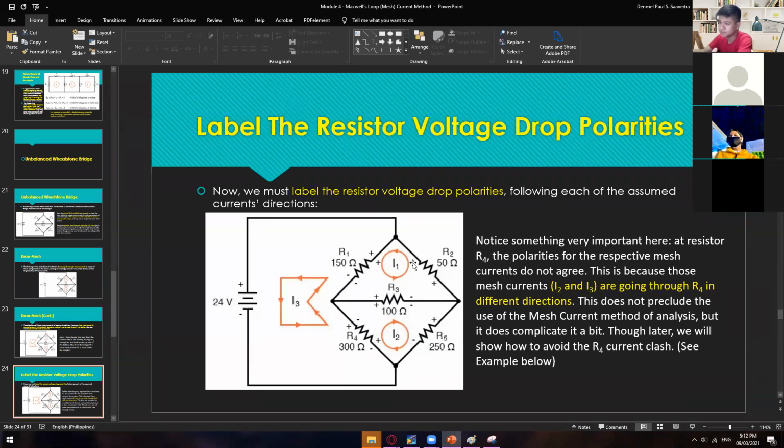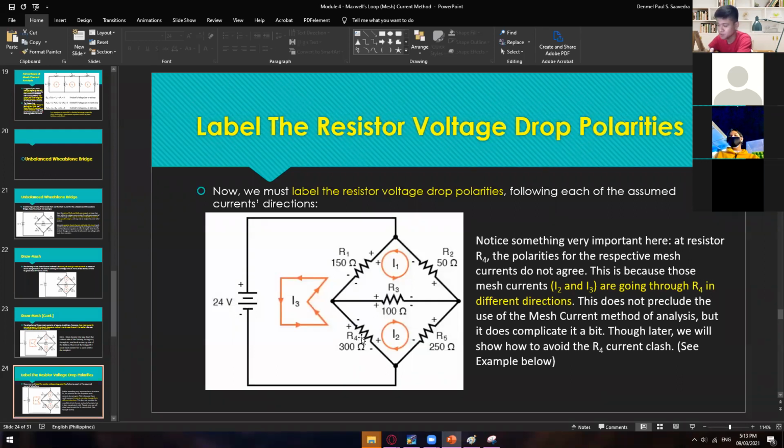So we have your positive, negative, positive, negative, negative, positive, negative, positive. Notice something very important here at resistor R4: the polarities for the respective mesh currents do not agree. This is one thing that we should always avoid, but there are some cases that we cannot really avoid, like this one.